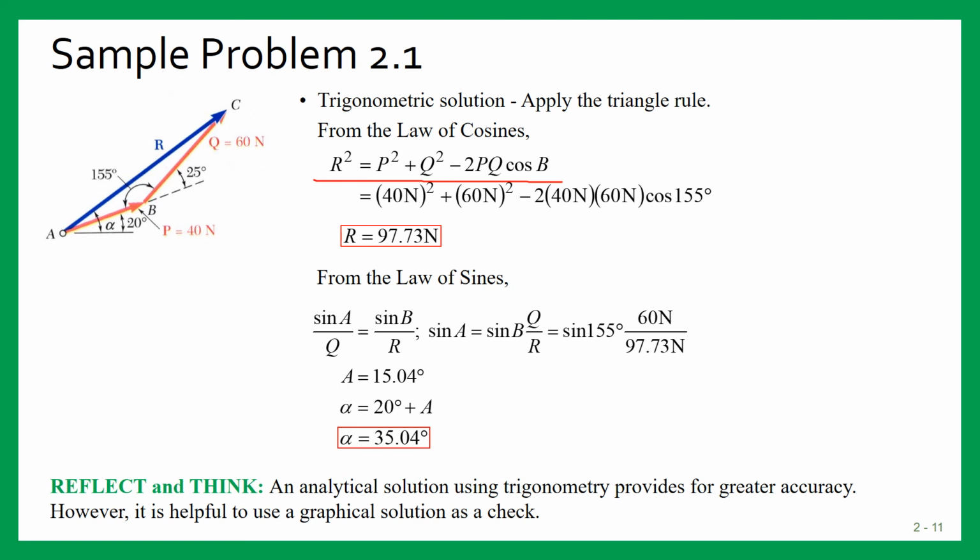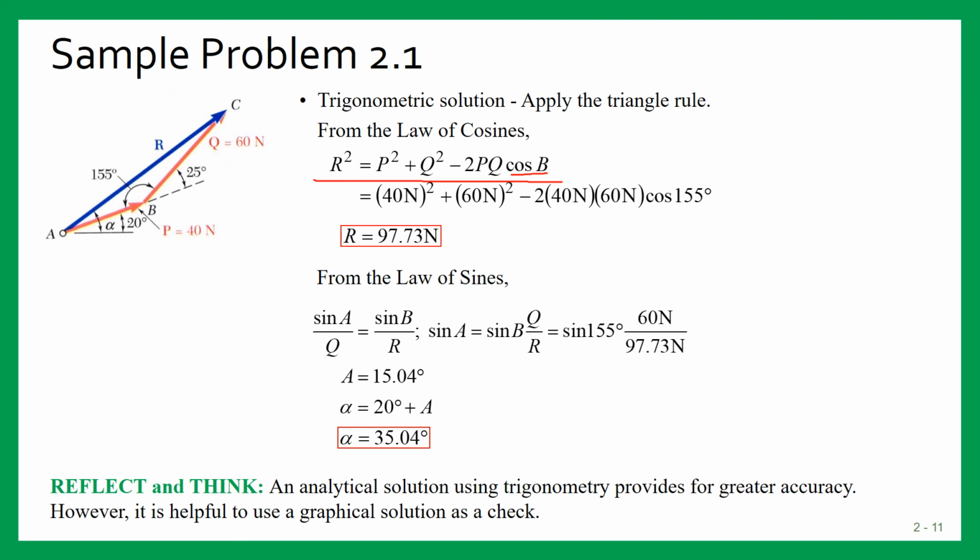Law of cosines says that the resultant of two vectors will be the square root of P squared plus Q squared minus 2PQ cos B, where B is the angle between the two vectors.